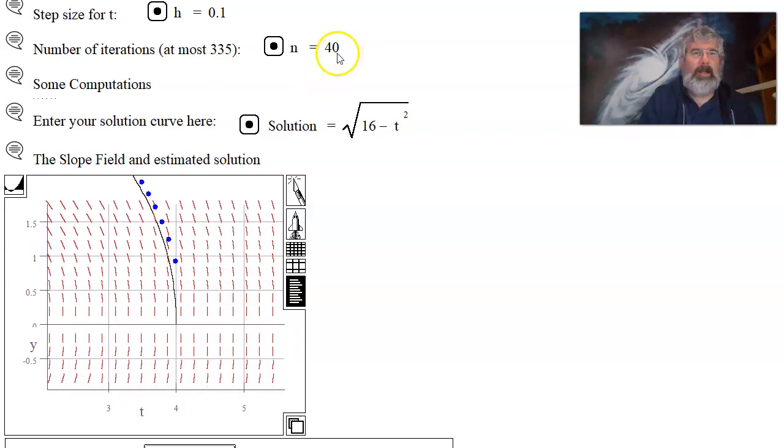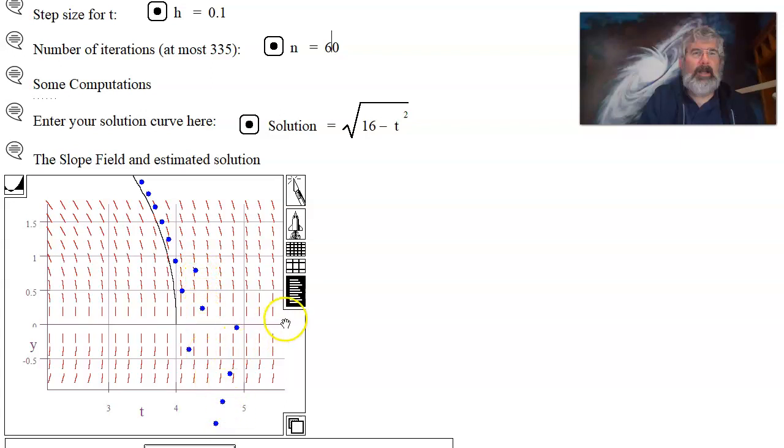When I go from 40 to 60 points, the next point suddenly is too far down below 0, and then these are pointing upward, which then puts you up there, and then down here.